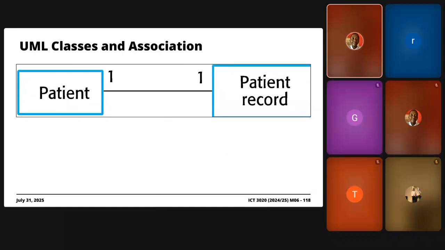So after identifying the classes associated with this system, you would explicitly indicate how exactly these different classes are linked together. In other words, what sort of relationships ideally would exist amongst these different classes.